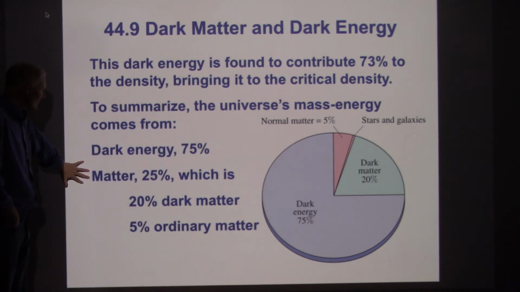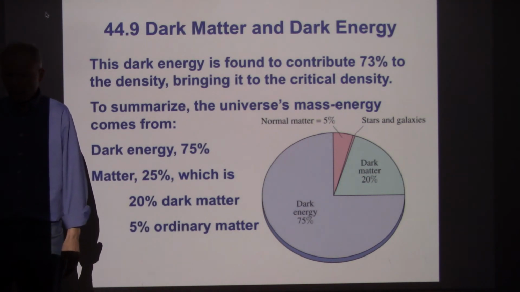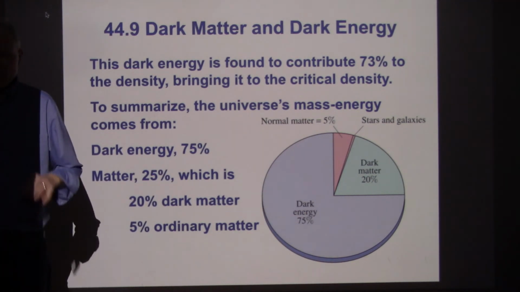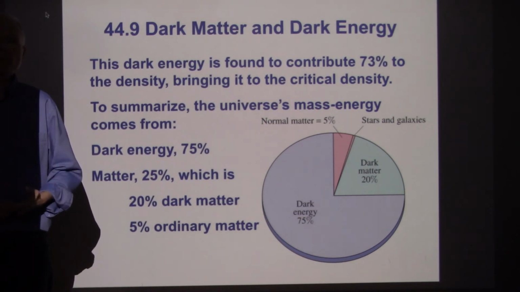Now there's a second category. There's what's called dark matter, and that would be material that allows galaxies, for example, to form and galaxy rotation rates to be explained.